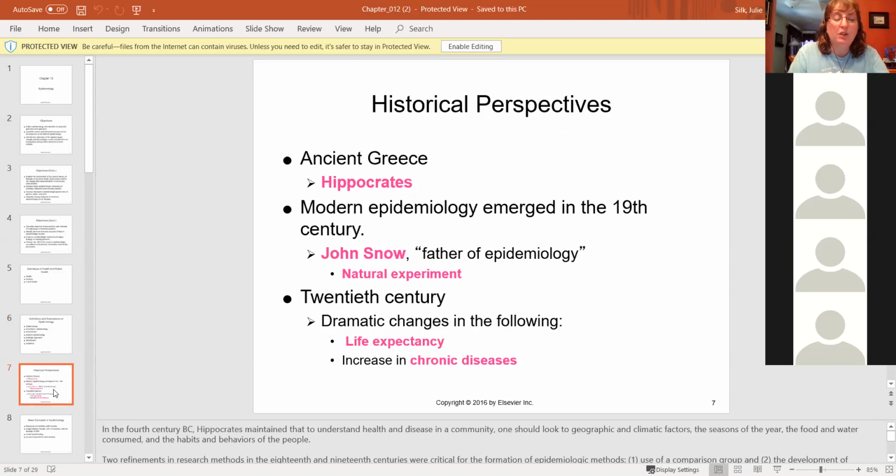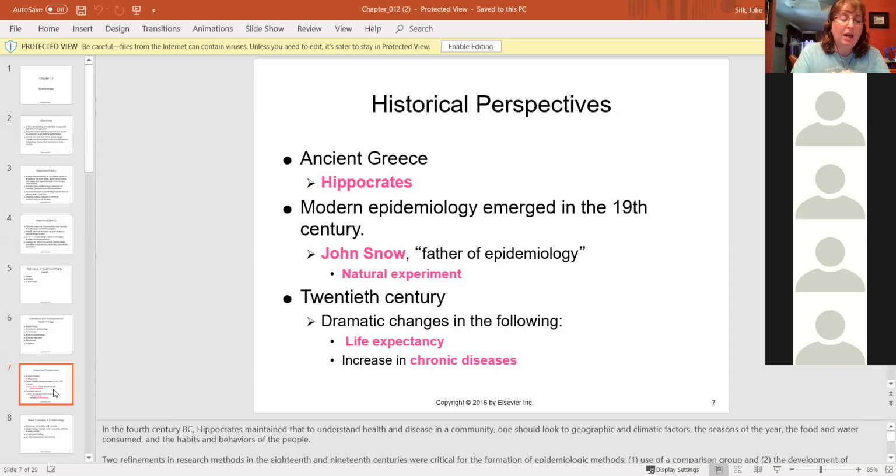Also, refinements in research methods in the 18th and 19th centuries were critical to the formation of epidemiologic methods. One of those things was use of a comparison group. Another was development of quantitative techniques, and things like numeric measures or counts.